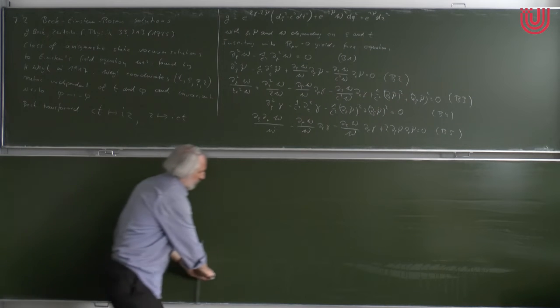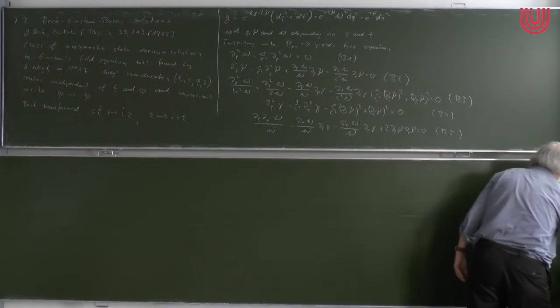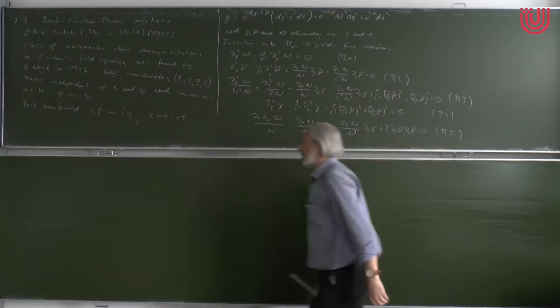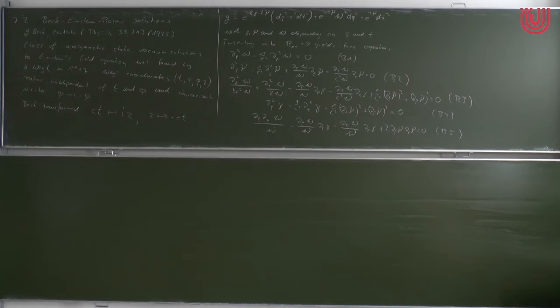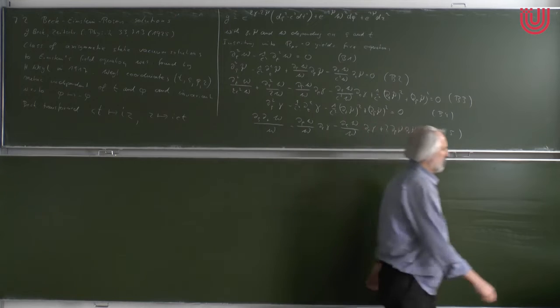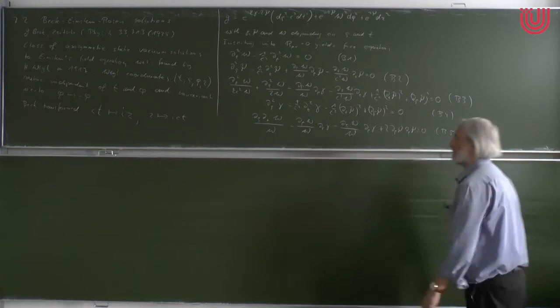So we will assume this and then solve the system under this condition. And then I will make a few remarks about the other cases, but not do the other cases in detail. So this is case A.